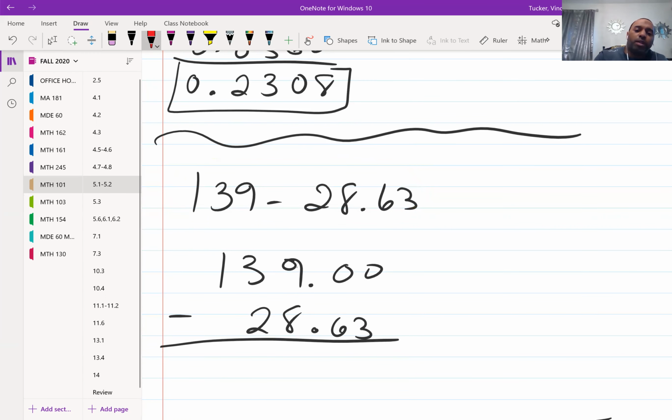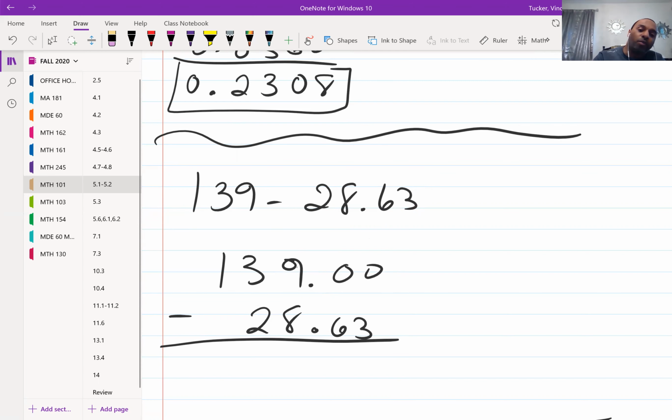Line up your decimals and add your zeros as placeholders. So here we're going to have to borrow. You cannot take 3 out of 0. So we go to the next digit. Once again, we have a 0, can't take 6 out of 0, and you can't borrow from 0, so we go to the next digit.